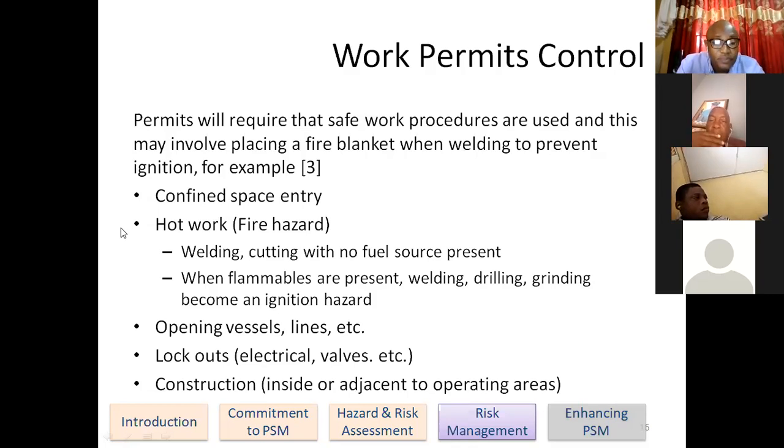Welding: when somebody wants to do a welding job, or somebody is cutting with a no fuel resource, or is working in a flammable place, he needs a permit. You want to be sure that that person can handle that kind of job. Opening a vessel or opening a line, you also need a work permit.